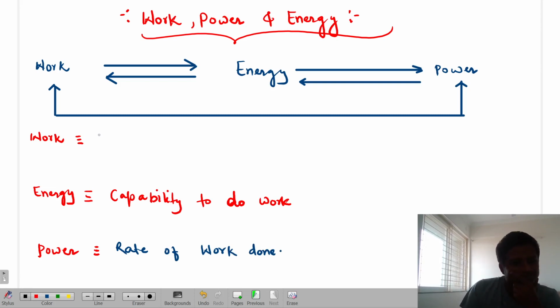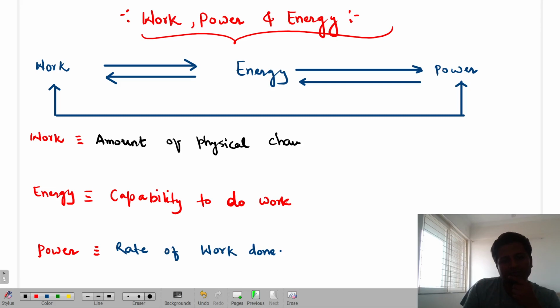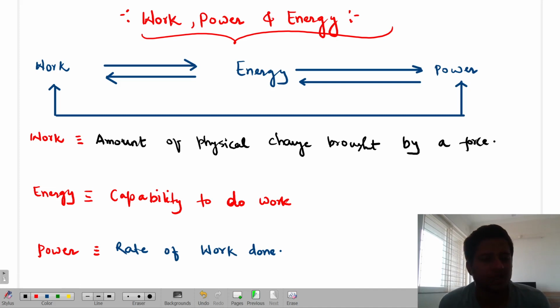Amount of physical change brought by a force. बोल सकते हैं क्या कि amount of physical change brought by a force is going to be called as work.